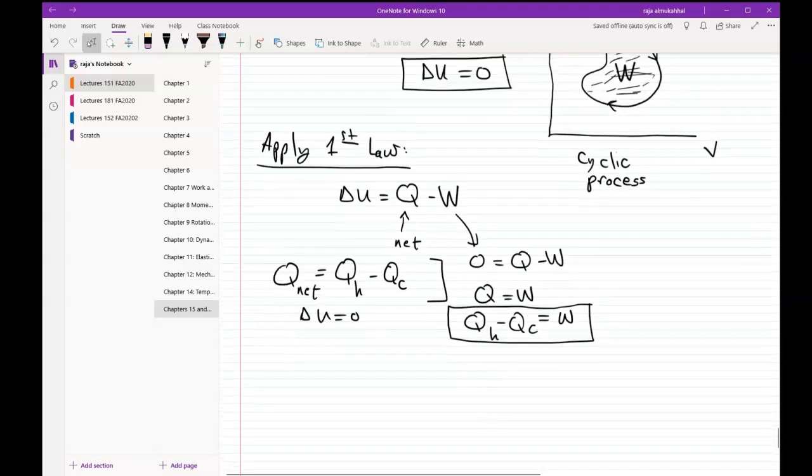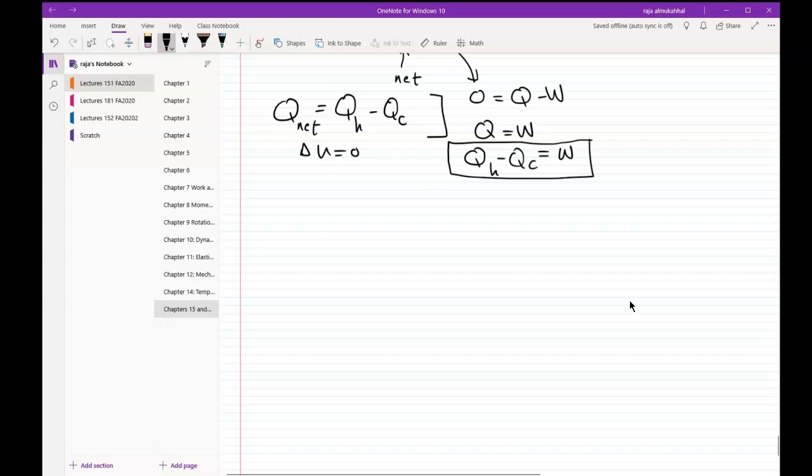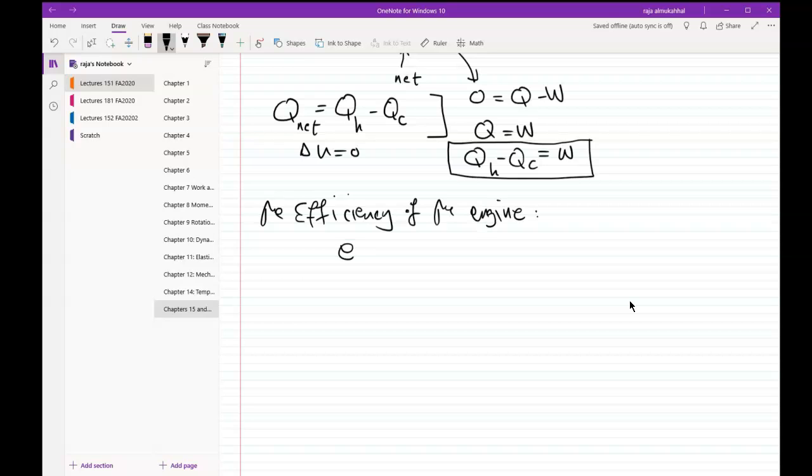So now I want to define something called the efficiency of the engine, E, or some books use epsilon, the Greek letter epsilon.